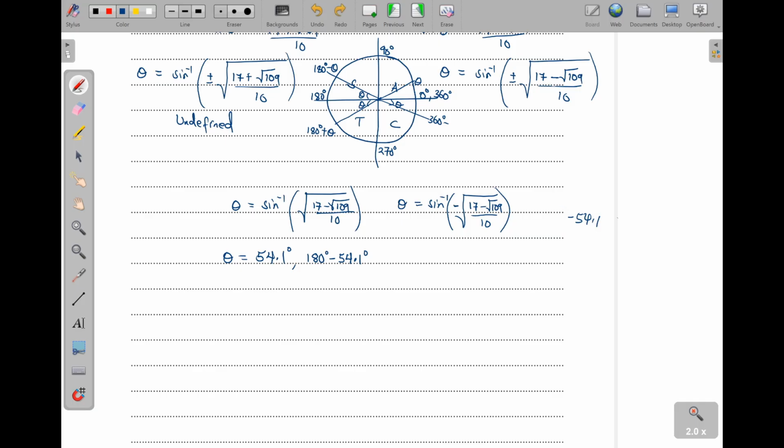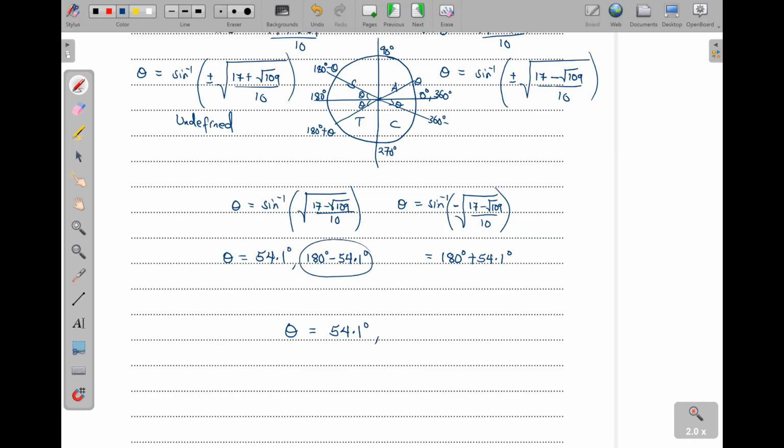In other words, you go to the quadrants where sine is negative. So the quadrants where sine is negative is this one and this one here. But since we are not supposed to exceed 270, then I'll take this one here. I'll have 180 plus this 54.1. So altogether, my theta is going to be 54.1.